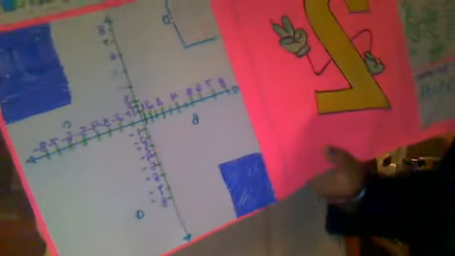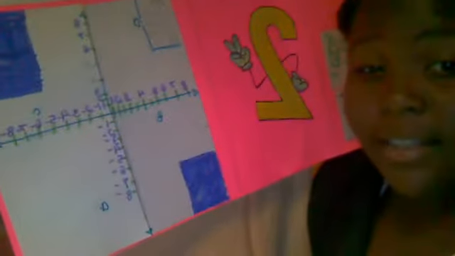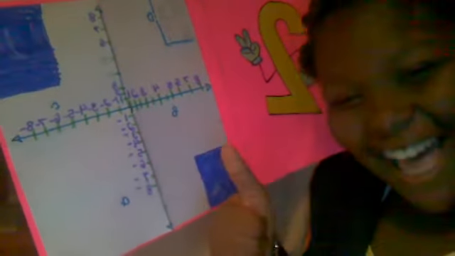Yes, this is my coordinate plane, and it's all the way to 8. So 8, 7, 6, 5, 4, 3, 2, 1. It's negative on the left side and positive on the right side. I always remember negative as the bad side and the plus as the good side.